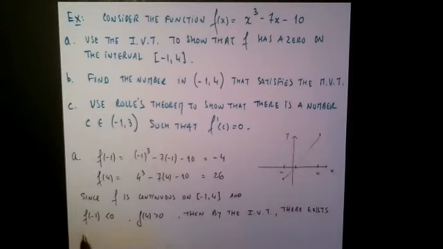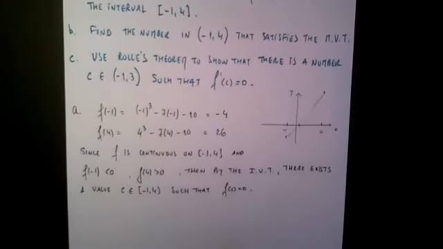There exists a value C in interval -1, 4, such that f of C equals 0. Okay, that's the intermediate value theorem.